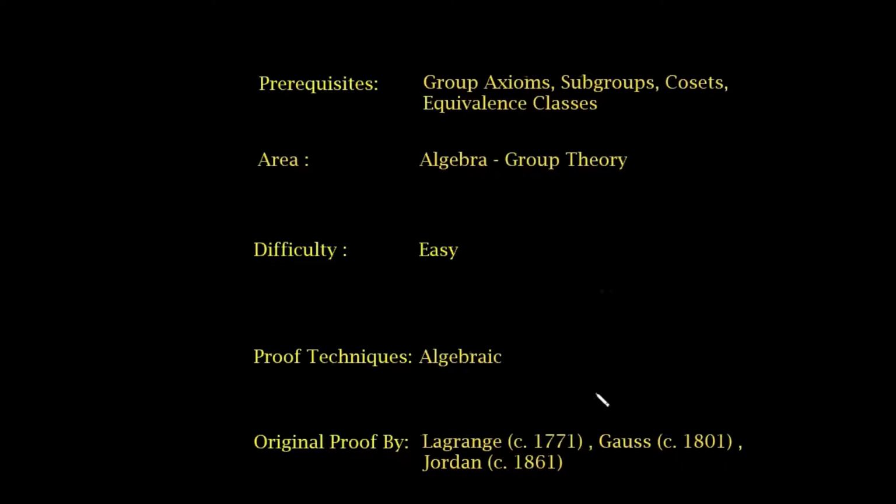Gauss, he proved a more special case of the theorem in 1801, and Jordan in 1861 extended it to any permutation group. So let's get started then.